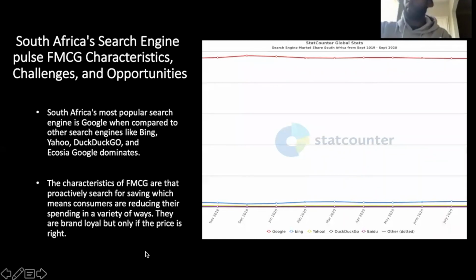So I'll be talking about South Africa's search engines plus FMCG characteristics, challenges, and opportunities. In comparison to other search engines like Bing, Yahoo, DuckDuckGo, and Ecosia that are being used in South Africa, Google dominates them.